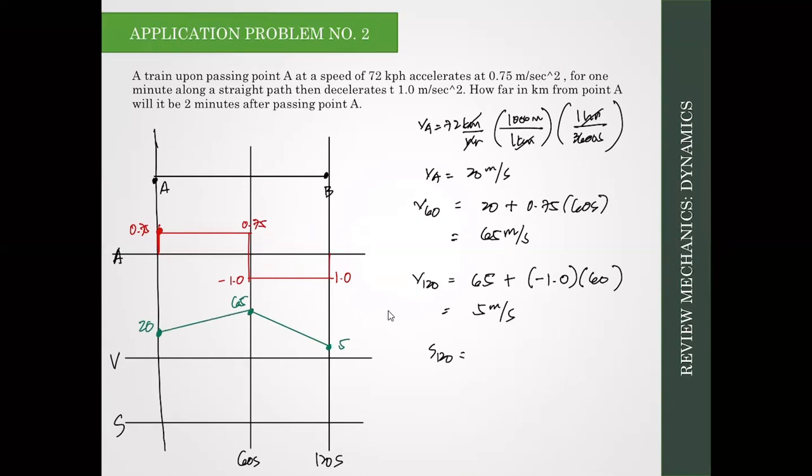So since trapezoid yung parehas, 1/2 nung 20 plus 65 times 60 plus 1/2 nung 65 plus 5 times 60. So S120 natin to be equals to 0.5 times 20 plus 65 times 60 plus 0.5, 65 plus 5 times 60. That will be 4,650 meters or 4.65 kilometers.